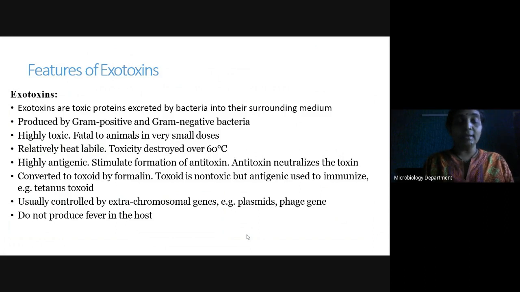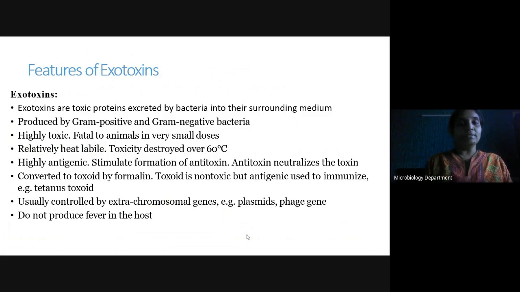And they're heat labile, meaning heat sensitive, and we can destroy their toxicity by heating at 60 degrees centigrade. And they're highly antigenic, that means they can stimulate the immune system when they enter the host.